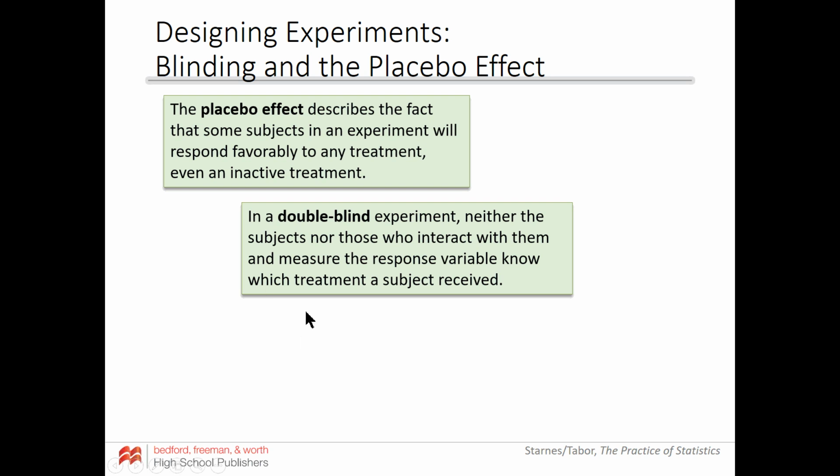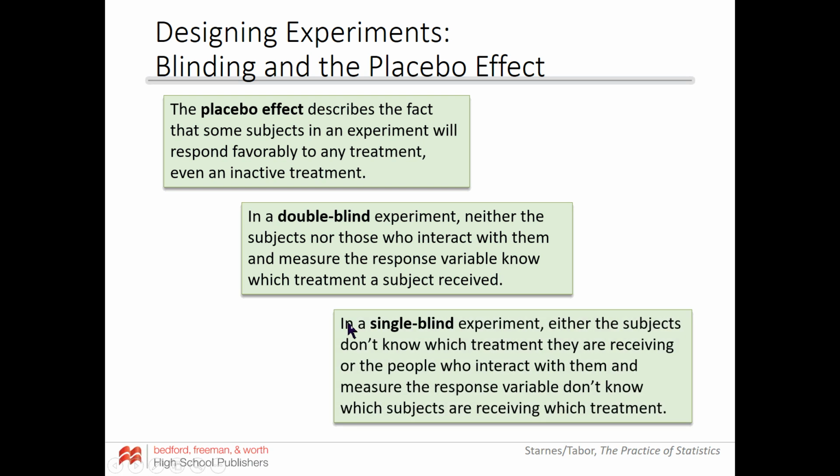When possible, experiments are always double-blinded, we call it. Sometimes it's not possible to double-blind. In a single-blind experiment, either the subjects don't know what treatment they're receiving, or the people who interact with them and measure the response variable don't know what the subjects are receiving. A good example of this would be if we're doing an experiment on whether some kind of surgery is effective.